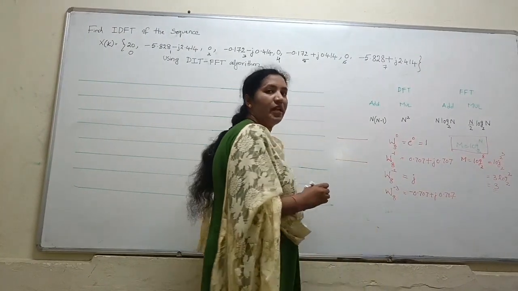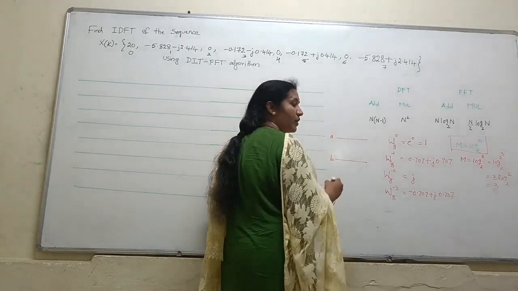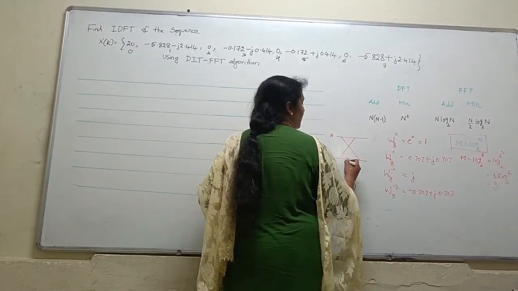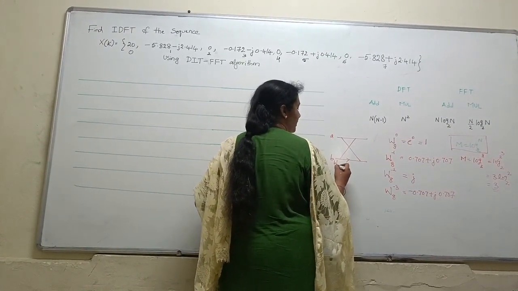So here there are two lines. These are two variables and they are connected like this, and here the B variable is multiplied with the twiddle factor.